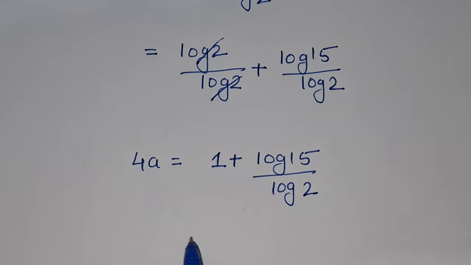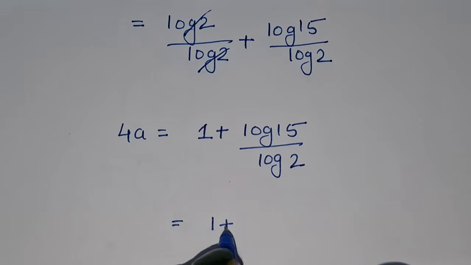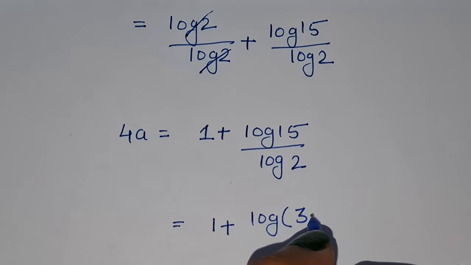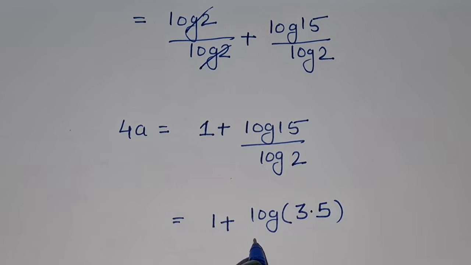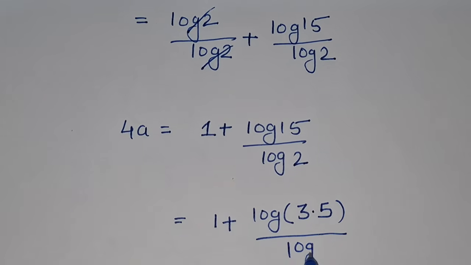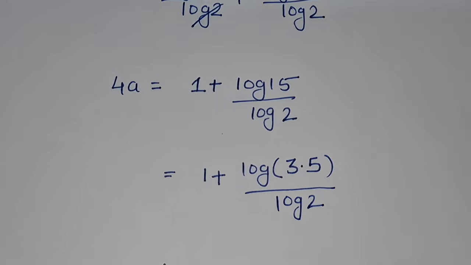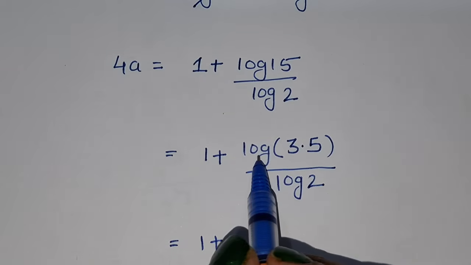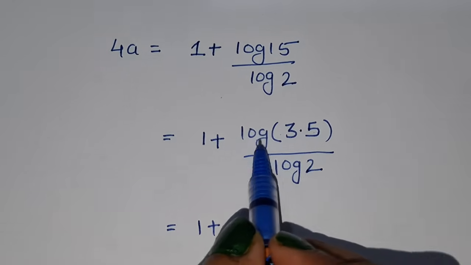Now this 15 we can write as 3 times 5, 3 fives are 15. So 4a is equal to 1 plus log of 3 times 5 divided by log of 2. Now again we are using the same formula, that is log of a times b is equal to log of a plus log of b.